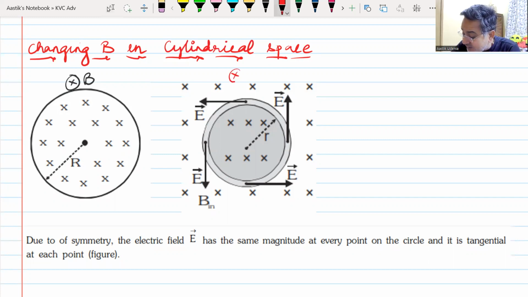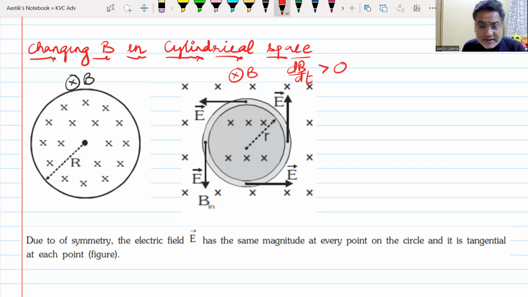Here I have assumed that the magnetic field is inside, and dB by dt, the change in magnetic field with time, the rate at which the magnetic field is changing, is greater than 0. That means the magnetic field is increasing with time. If the magnetic field is increasing with time and going in the inward direction, I have to decrease the flux. Therefore, the electric field will be moving like this in concentric circles. Do we understand this? Yes.